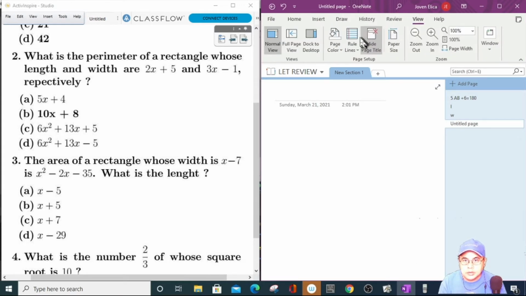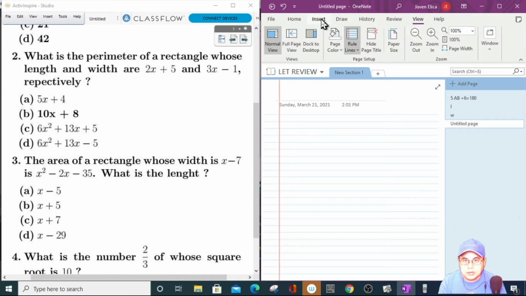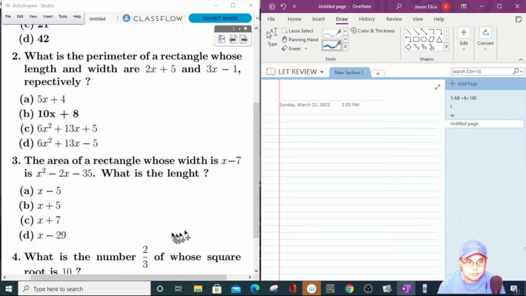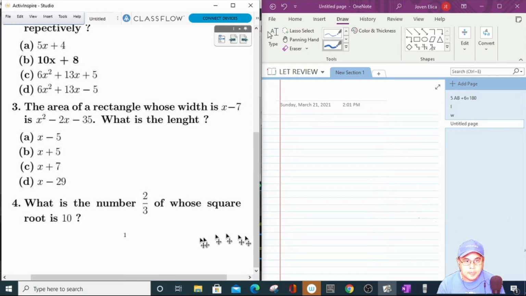Number 4, let's see. What is the number? This is a tricky question.